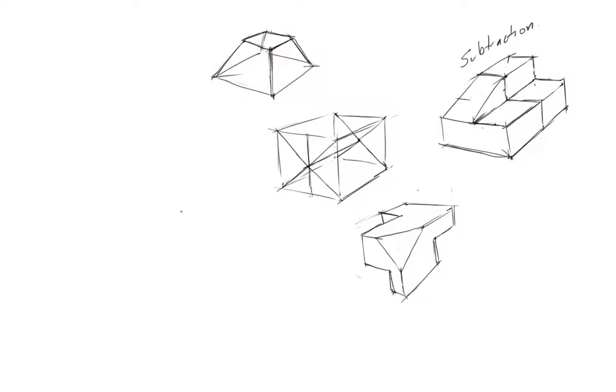Same with the cone. Starts with an ellipse, minor axis, major axis. I think I'll do this one as a cylinder.